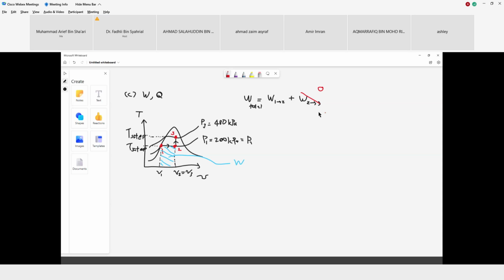No area under the graph for state number 2 to state number 3. So that's why boundary work from state 2 to state 3 is 0.